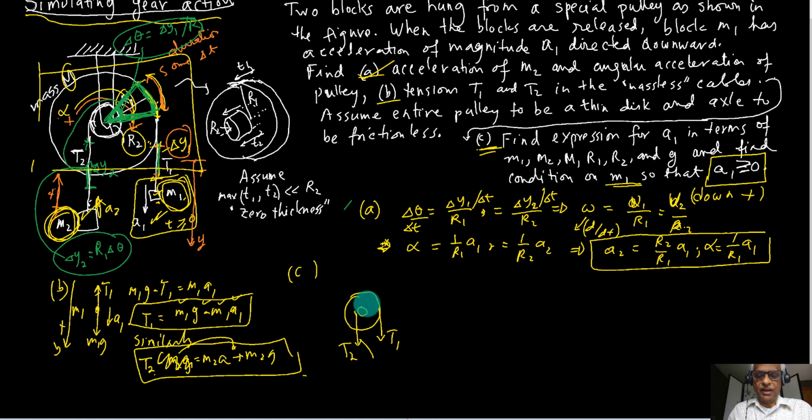Okay, and if this is going at alpha at some instant t, so this is the situation. There are other forces which are there. One is the force of gravity, capital Mg at the center, and there is another force, the normal force from the axle, going up.